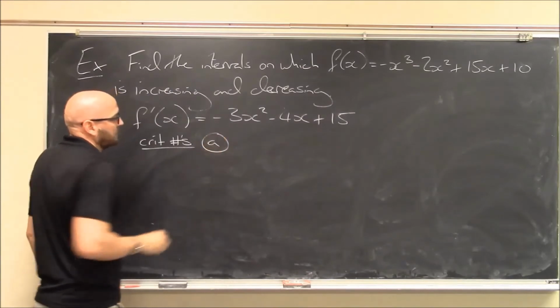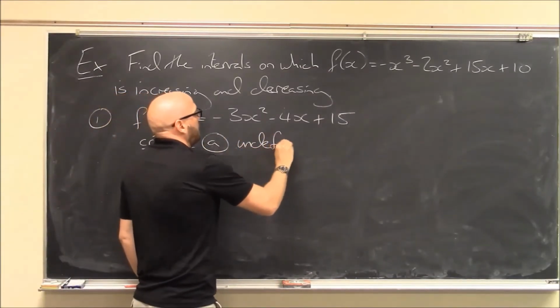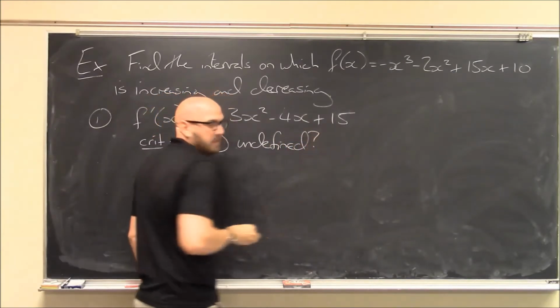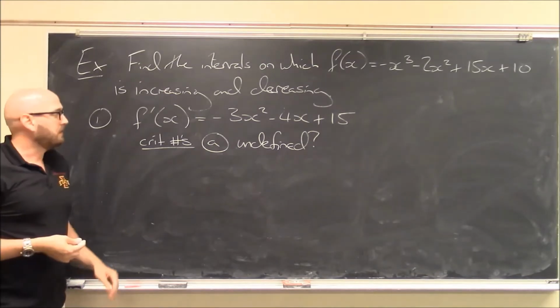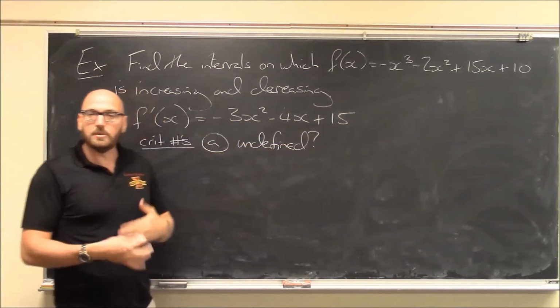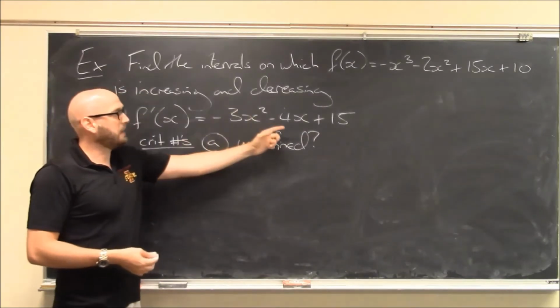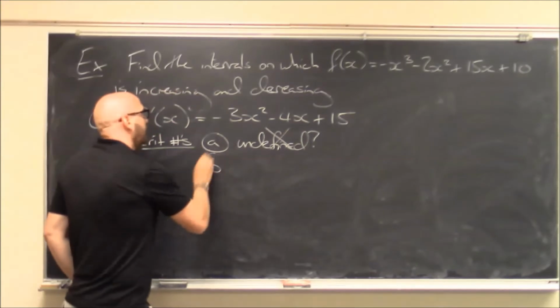We've got two different types. Type A is undefined. When is my derivative undefined? And more often than not, you'll find that you don't have any of these, right? And indeed, in this case, I don't have any because this is a polynomial, and polynomials are always defined. You can plug in any value for x and you get out an output, right? So I actually don't have any of those.